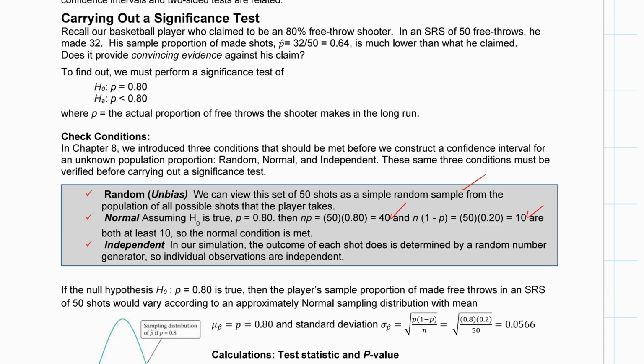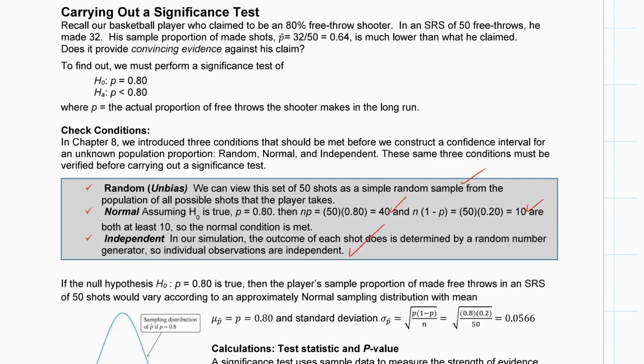If we're drawing without replacement, we may check the 10% condition. Is our sample less than 10% of the entire population? In this case, since we're looking at individual trials, do we think the individual trials are independent? Let's assume that they are.